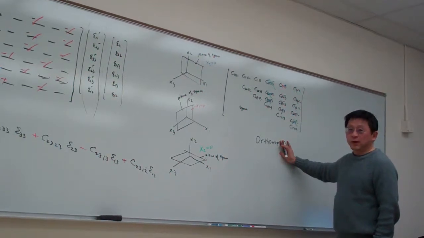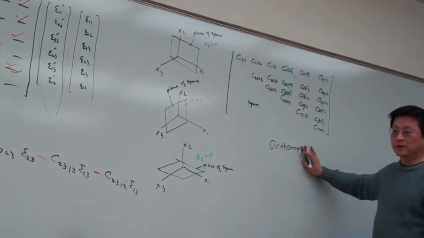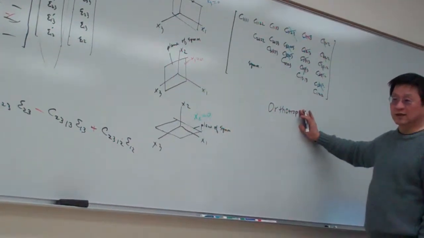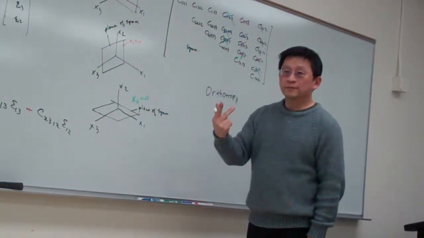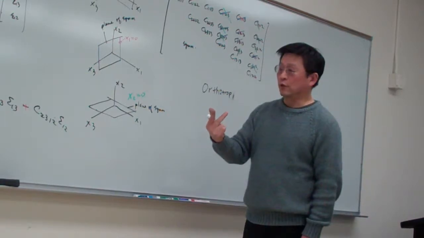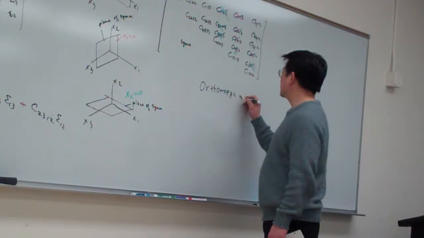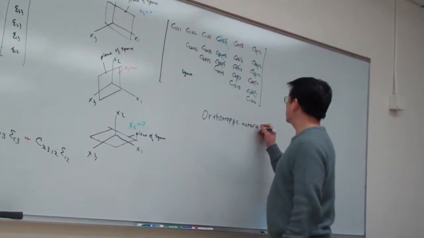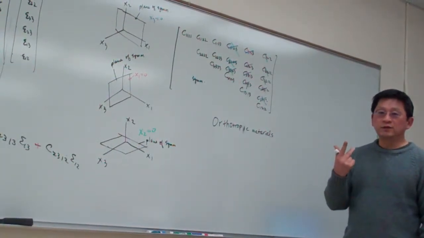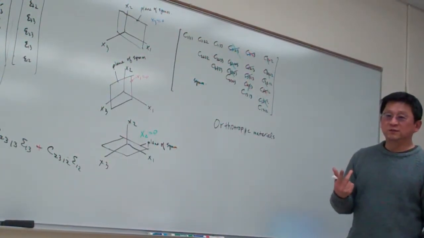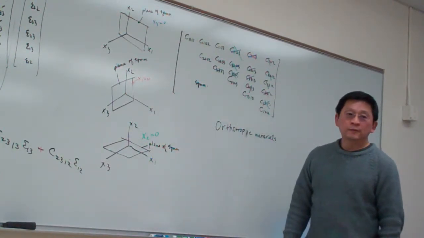Orthotropy describes a specific material property, that the material has three mutually orthogonal planes of symmetry. So orthotropic materials are the materials in which there are three mutually orthogonal planes of symmetry, for example, the x1, x2, x3 plane equal to 0. Okay.